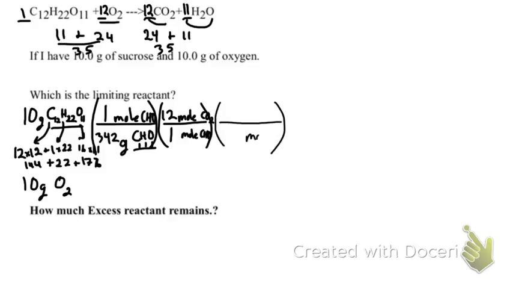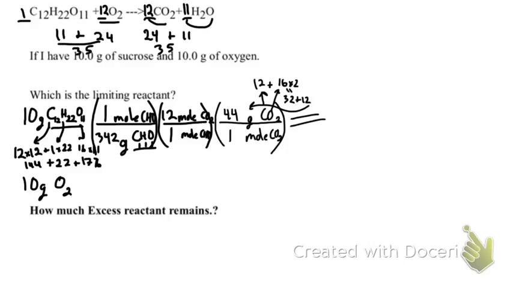We'll cancel out moles of CO2 and go to grams of CO2. 1 mole of CO2 is equal to 44 grams. I know that because carbon weighs 12 plus oxygen weighs 16 times 2. 16 times 2 is 32. 32 plus 12 is 44.